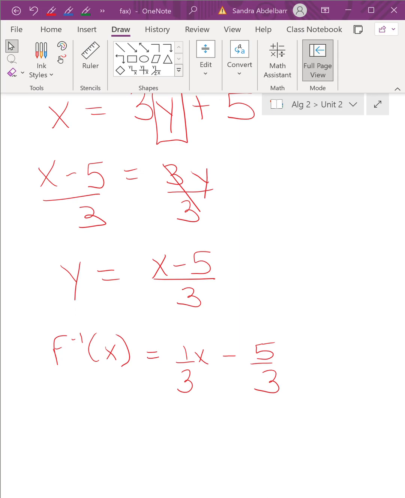Do you guys see? I don't want to move anything, because if I move anything, I'll stop recording. But do you guys see? It's, again, a reflection over the line y equals x. Right? Are our domains and ranges fitting to what we found it to be?